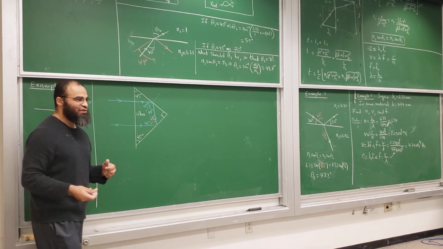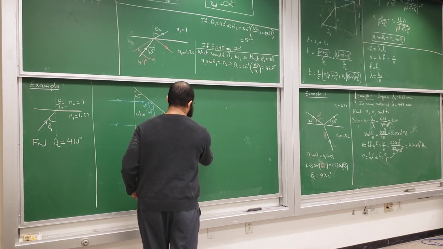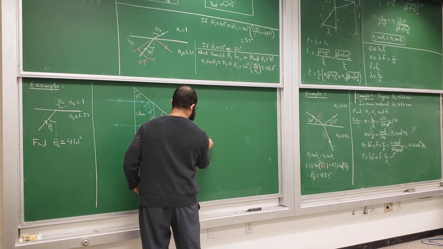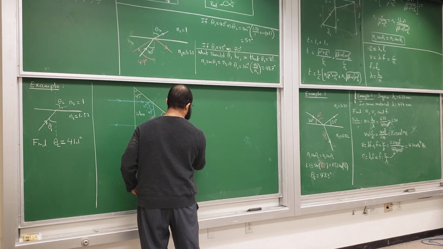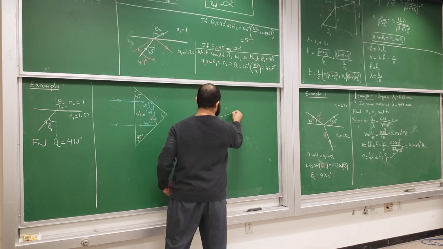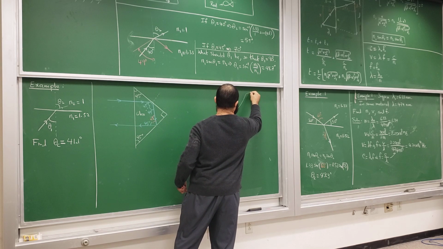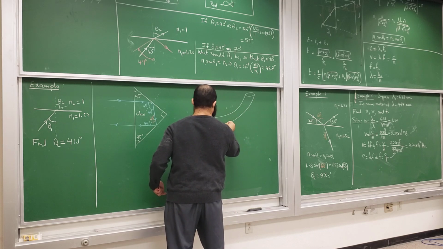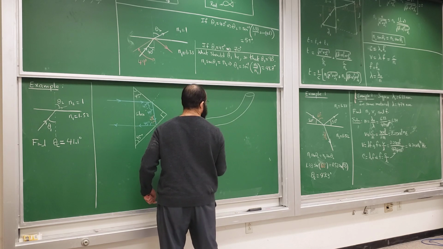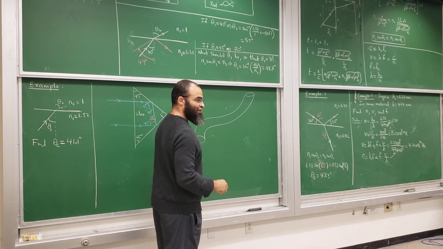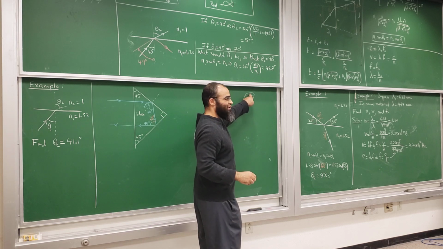How does it work? It works this way. Let's say it's circular, or cylindrical, I should say. Let's say you're here. This is the page you're reading, and your eyes are here.